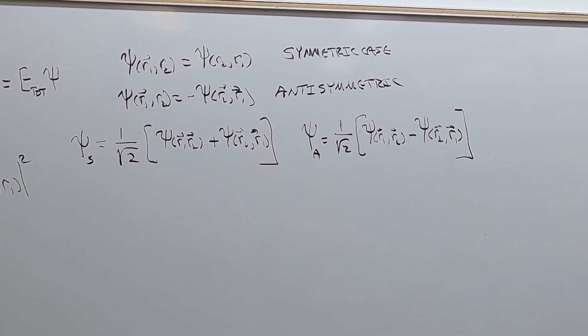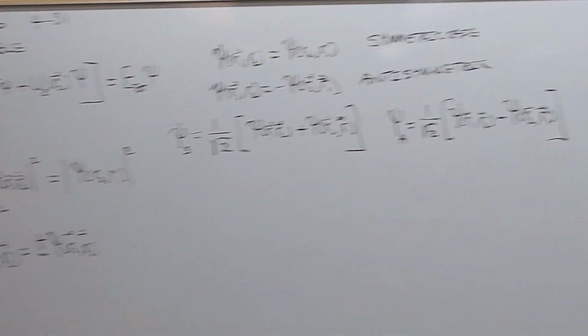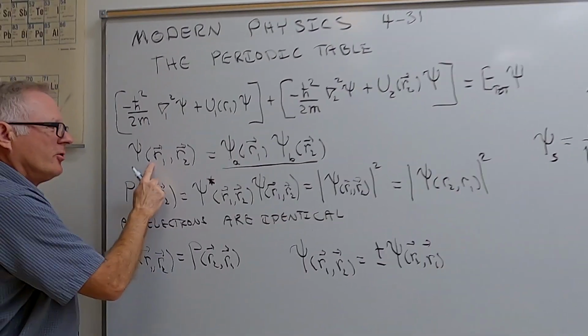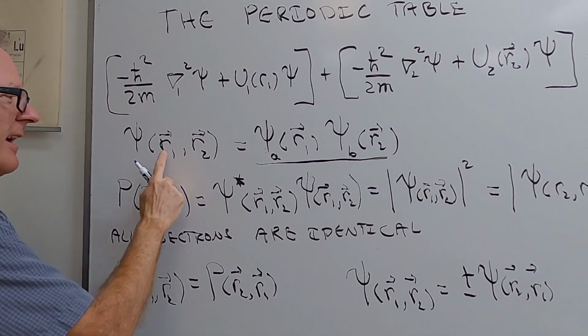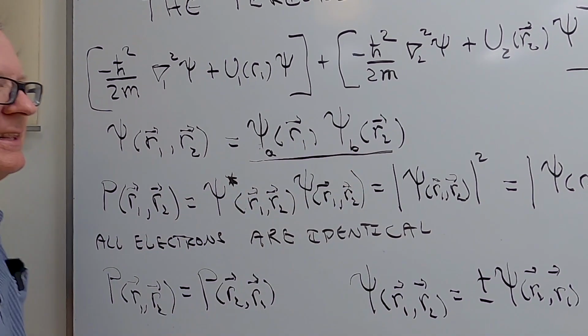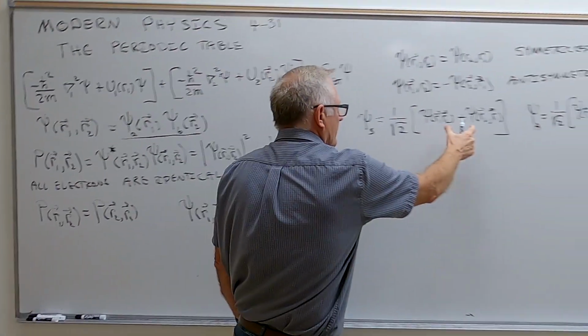Okay, well, and now I haven't brought in this right here. Remember, psi R1, R2, I can break them up into these two. I'll just do that for these two right there.